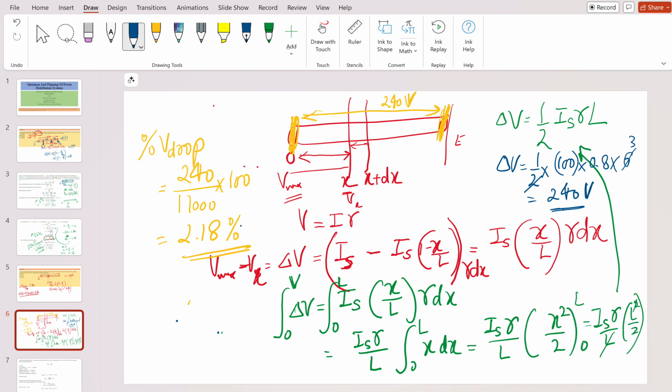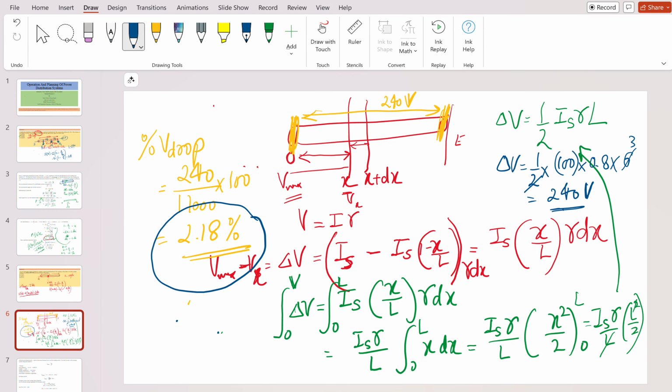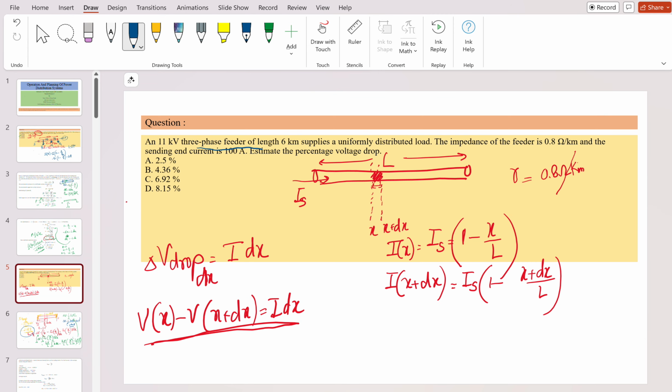What you got, the 2.18, is not for the whole feeder; it is for a single line. The feeder which is being discussed is actually a three phase feeder line, but what we have derived is actually for a single phase feeder. So for the three phase feeder value, it will be higher than that.